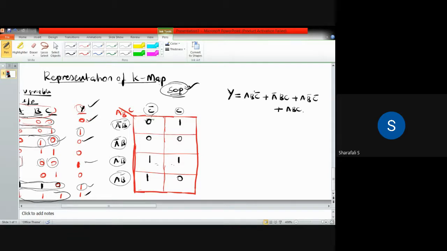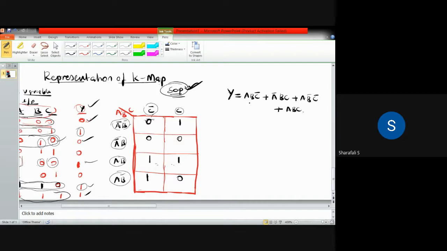That's how we will calculate all these terms. If you want to represent this in SOP form by using minterms, we have sum of products here.